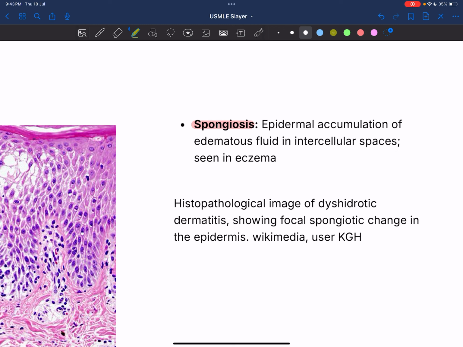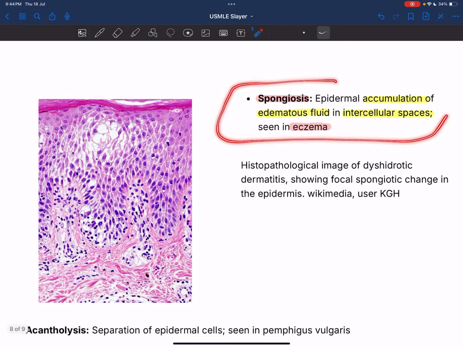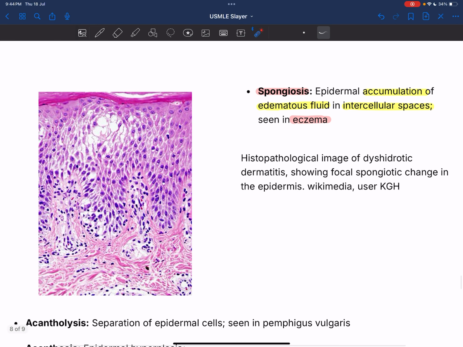Again, spongiosis is accumulation of edematous fluid in intracellular spaces and is mostly seen in eczema. This can be found right here, as you see. There's a lot of fluid in the cells, especially right here as well. That is spongiosis. Don't worry, you don't really need to memorize all of these pictures. Mostly you need to remember the information about them, so you can answer the question later.